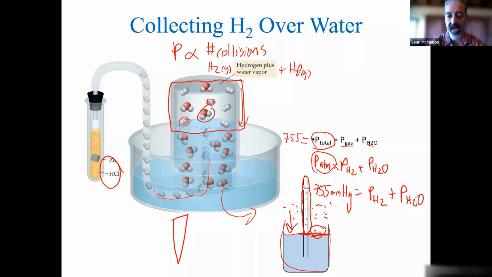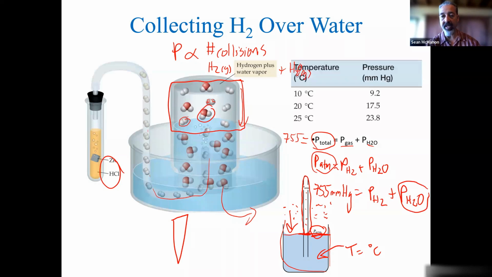And I can do that because I can record the temperature of this water, let's say in degrees Celsius, and say that the gas in here is roughly the same temperature as this water vapor. And then I can use a table. Let's say I record the temperature of the water and it's 20 degrees Celsius.